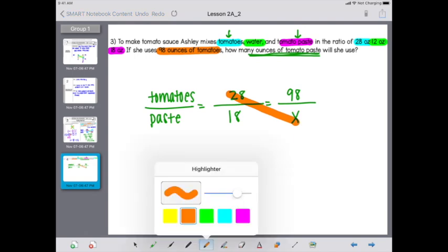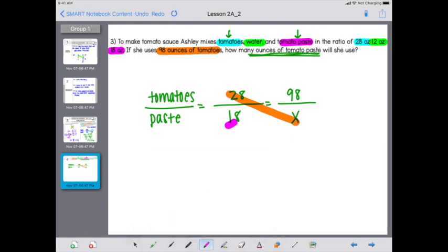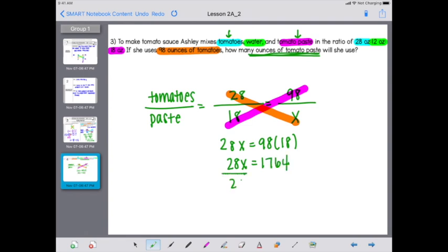So 28 times x, 18 times 98. So we have our 98 times 18. We're going to get 28x equals 1764. We're going to divide both sides by 28. x is going to equal 63 ounces of tomato paste.